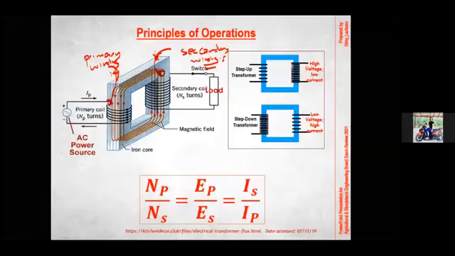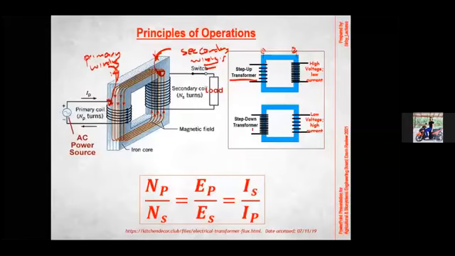And if this is high voltage, then this would be low current. So if you have this kind of transformer where you increase the voltage from the primary windings, or from this source side to the load side, then that's what you call a step-up transformer.